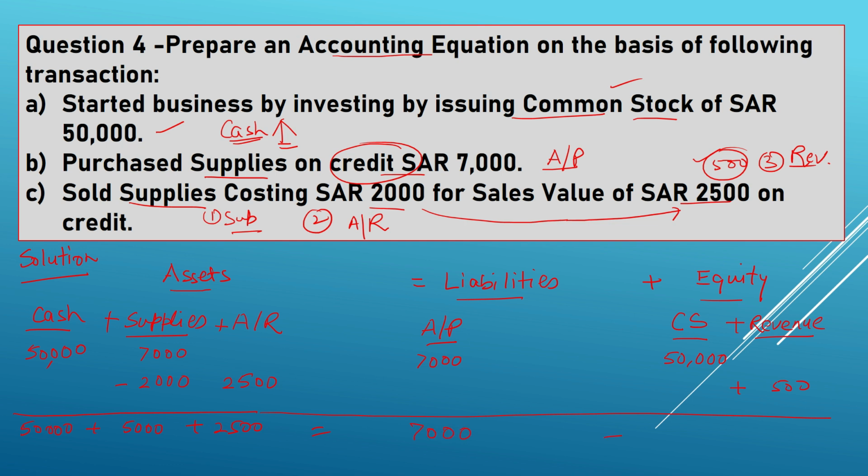Okay, then we have 50,000, then we have 500. So you will see here that 57,500 comes to the left side and right side also 57,500. That's all about the first question. In this way you can solve the accounting equation.